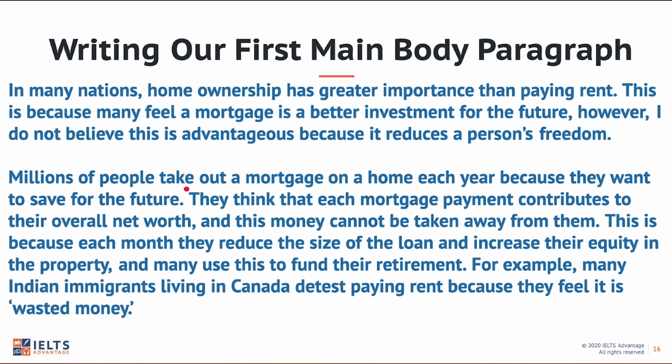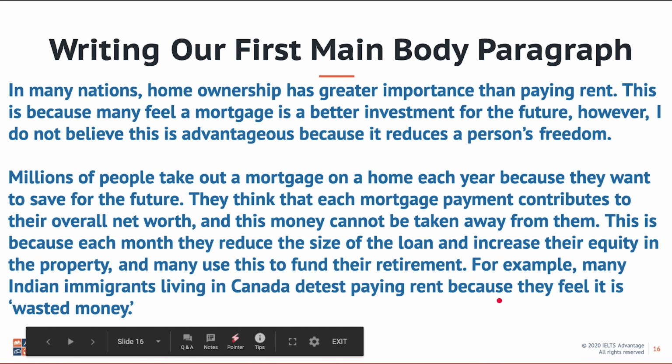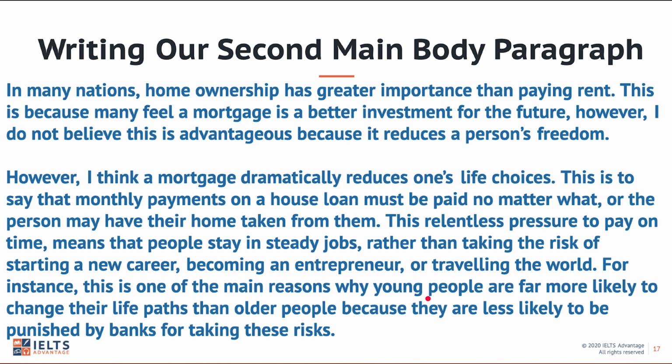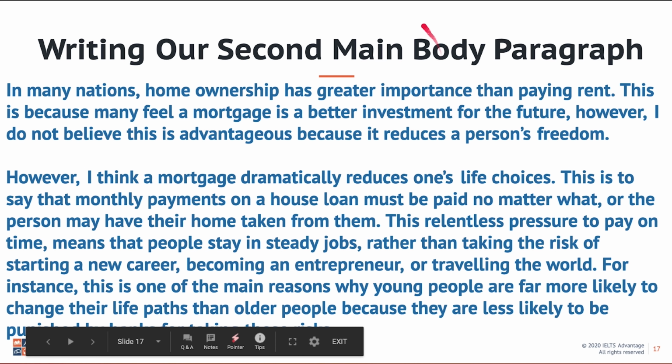For example, many Indian immigrants living in Canada detest paying rent because they feel it is wasted money. So we've included our topic sentence. This is what I think about the question, explained why you think that, and an example to support our main idea.